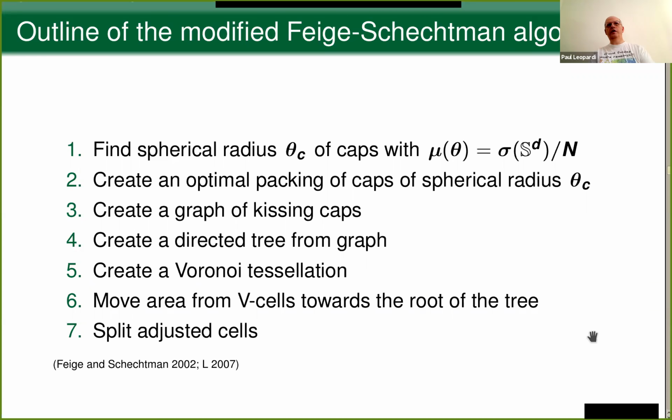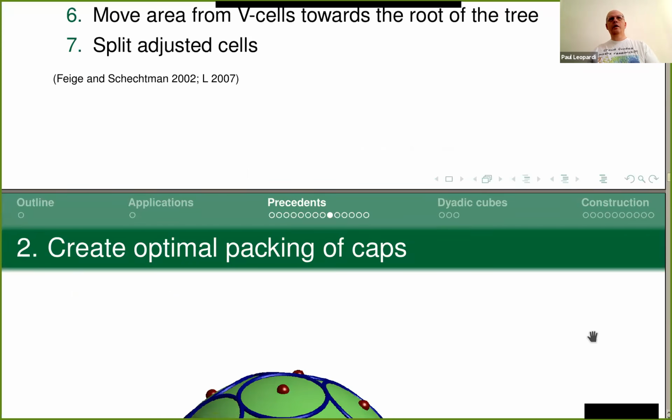You create a graph of kissing caps, which I'll go into some detail about below. You create a directed tree from the graph. You create a Voronoi tessellation. So you partition the sphere into Voronoi cells, and then you start moving areas from the leaf of these cells towards the root of the tree, and then you split all of the cells that you get into regions which have the correct area.